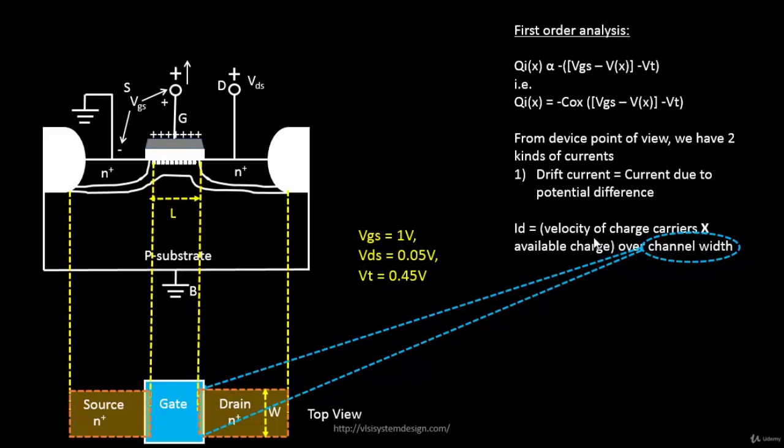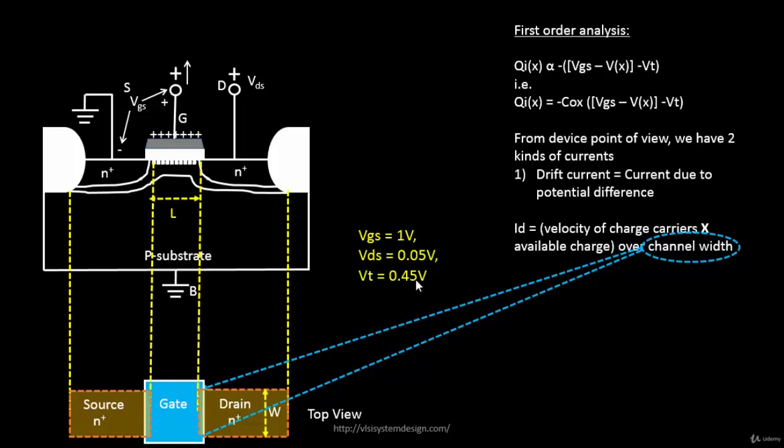Current is basically a measurement of the velocity of the charge carriers multiplied by available charge over this complete channel width. Because from here you are able to see only the channel length. But if you move into the top view of this MOSFET, you'll be able to see the channel width. So the current is basically a measure of the velocity of the carriers over this complete area.